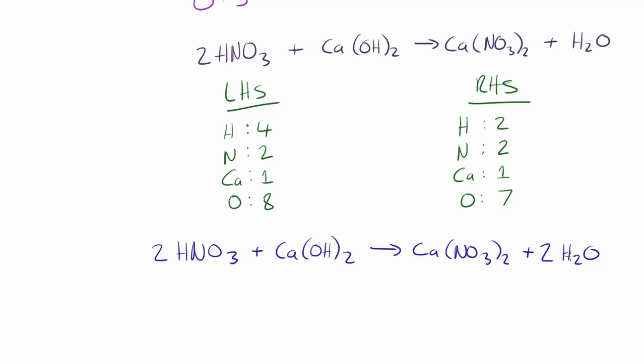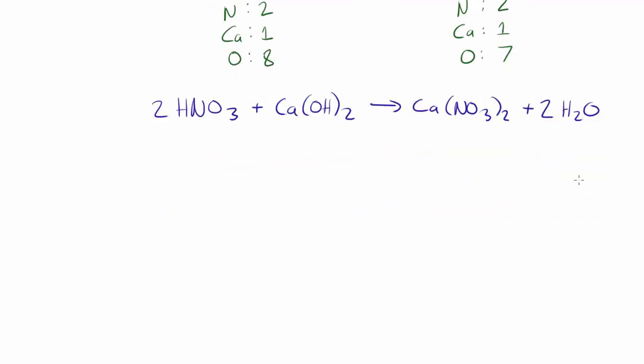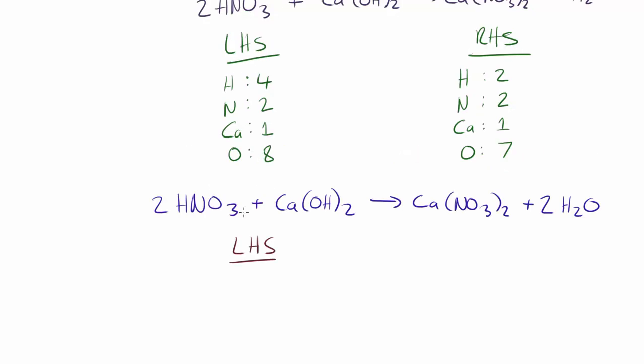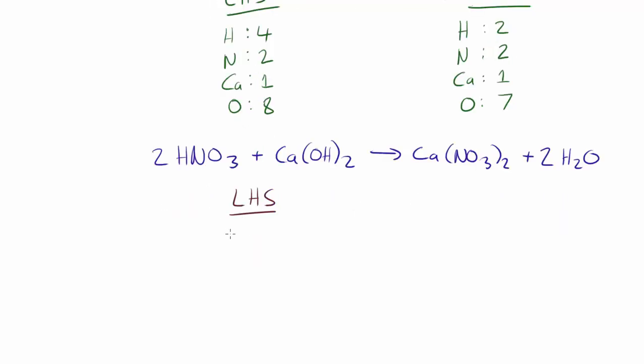And if we now audit this again, right, so in this iteration we did not actually change anything on our left hand side. So as far as left hand side goes, it's going to be exactly the same as what we had just written. So it's going to be H, N, Ca, O: 4, 2, 1, 8.